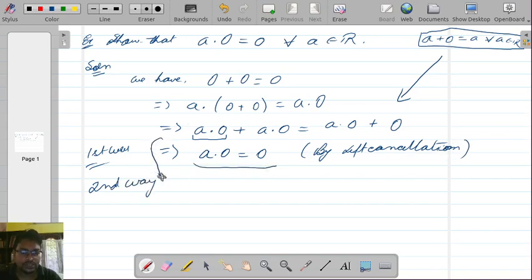Second way is, from this step you come to this step, that you can take minus of a dot 0 plus a dot 0 plus a dot 0. You can come from the earlier step as well.